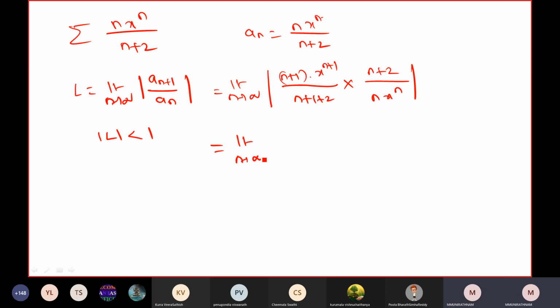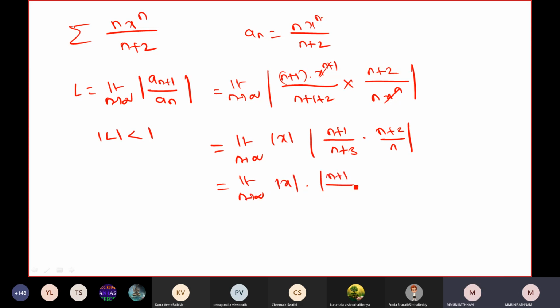The x power n gets cancelled, mod x is taken outside, and this becomes mod (n plus 1) by (n plus 3) into mod (n plus 2) by n.